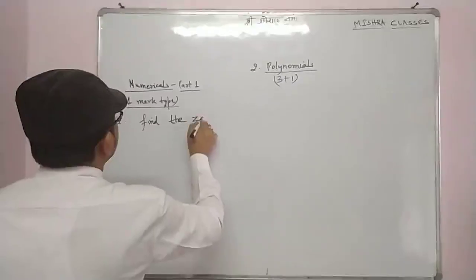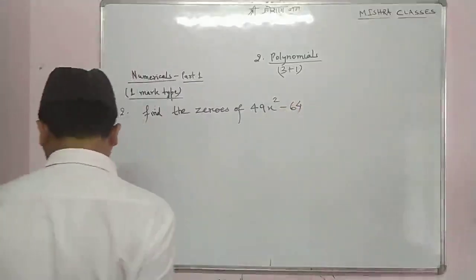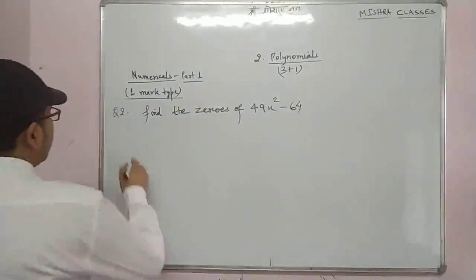Alright, so we'll do another question, question number 2. Find the zeros of 49x square minus 64. Now we'll do it like this.